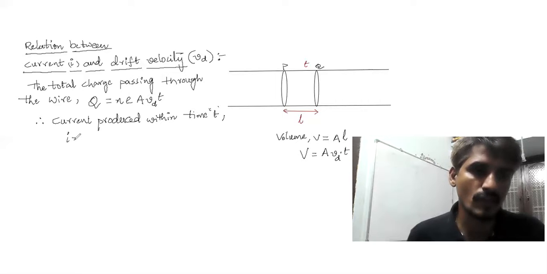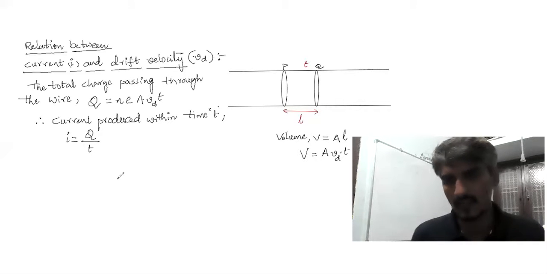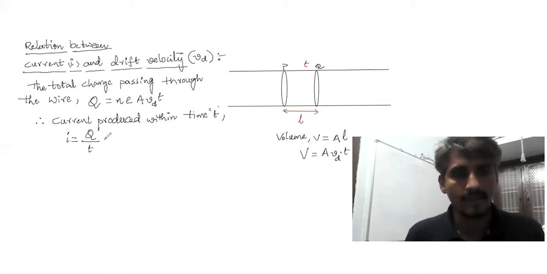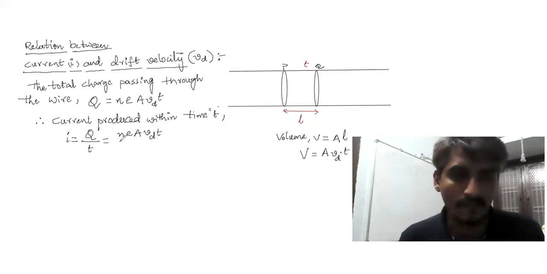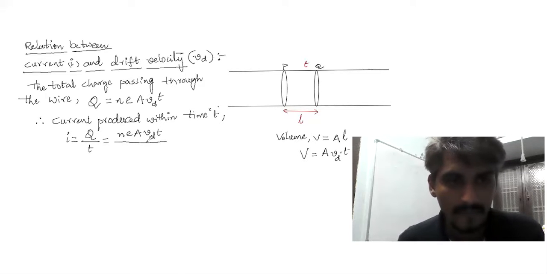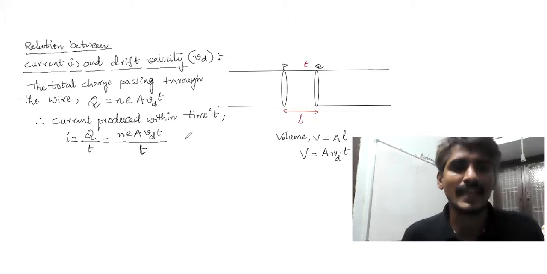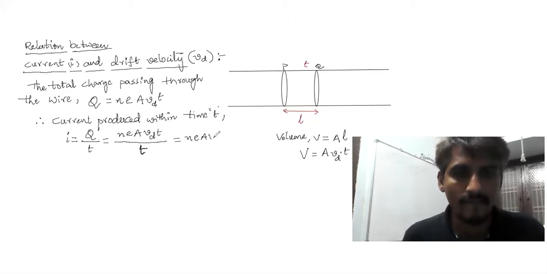I is equal to, as we already know, Q by t, total charge per unit time, right? So what is Q here? N into E into A into Vd into time t, divided by time interval t. So t gets cancelled. What do we write? N E A Vd.